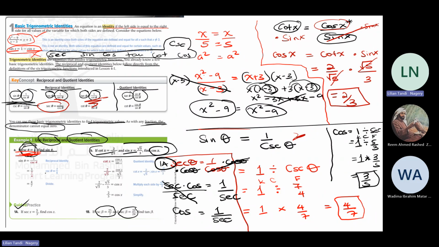All right, so we know that cosecant is who? 1 over sine. Very good. And we know that secant is who? 1 over cosine. Very good. And how do I find tan?